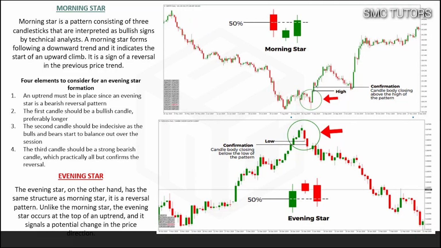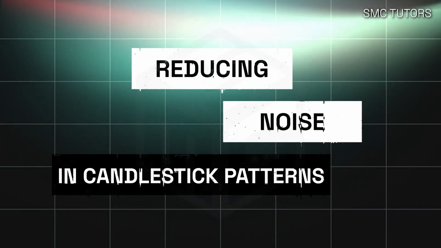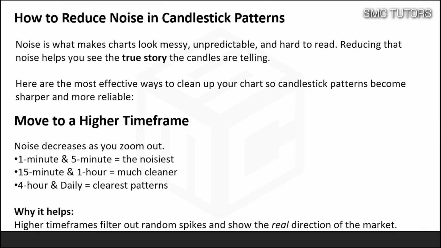Candlesticks, if you don't see them at a good location, they can be very deceptive. How to reduce noise. The clearer your chart, the clearer the stories the candles are telling you. So the first thing you need to do is move to a higher time frame. The more you move to a higher time frame, you are zooming out, reducing the number of candles you are seeing, and the candlestick pattern works best on the higher time frame.